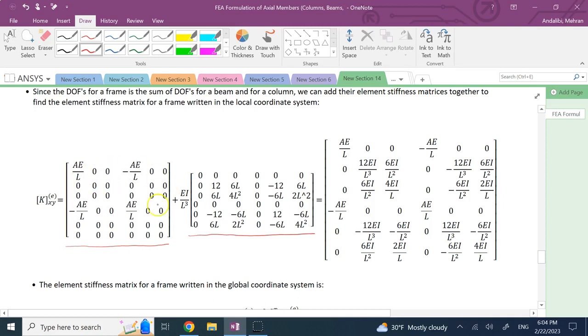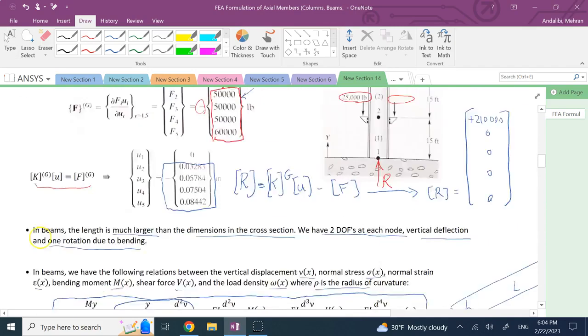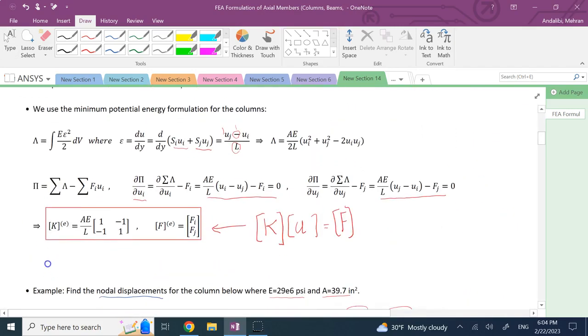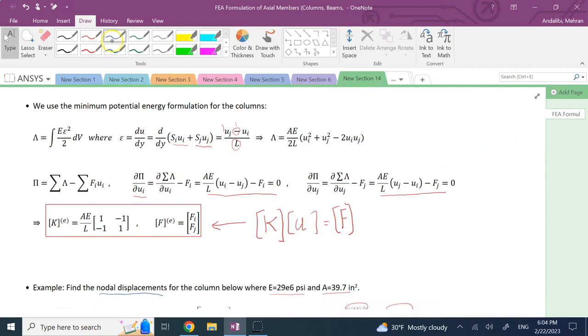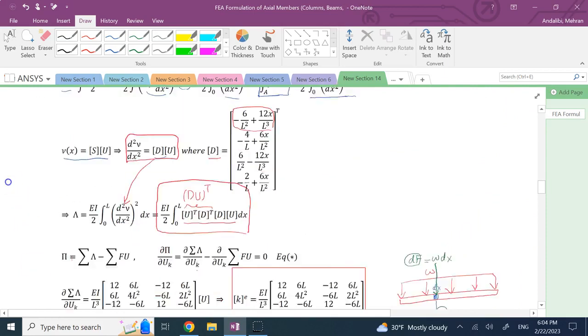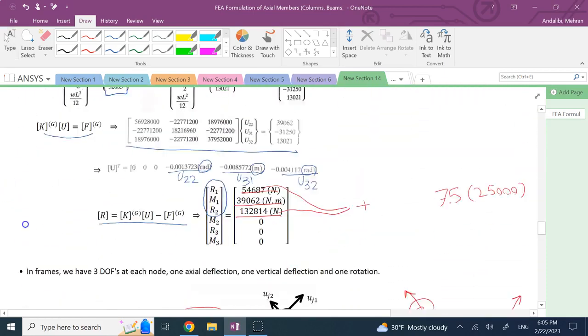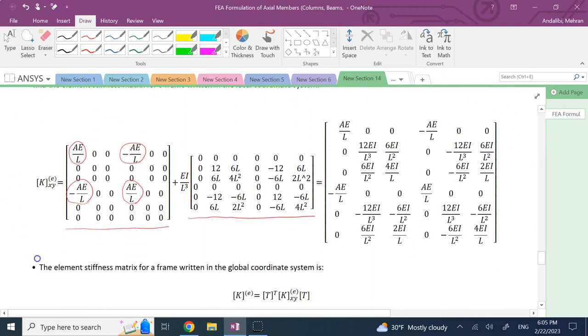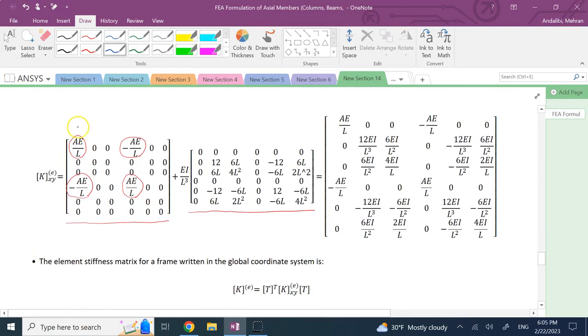Now you might say, where do you get all these zeros from? Well, remember, in beams, all you have are these four. You go to the columns. If you go back and look at the columns, all you have is AE over L, negative AE over L, negative AE over L, and AE over L. That's all you have. So what happens to all of these zeros here? Well, they are for those degrees of freedom that the column doesn't have.